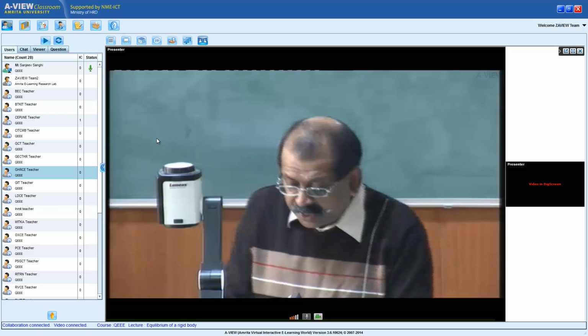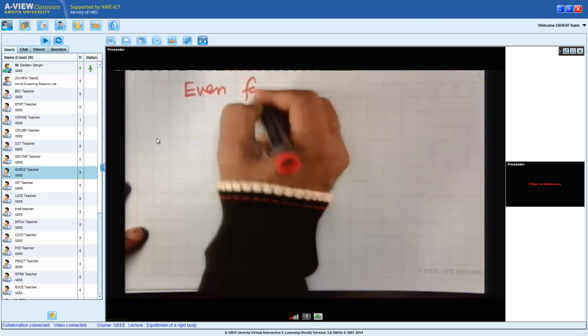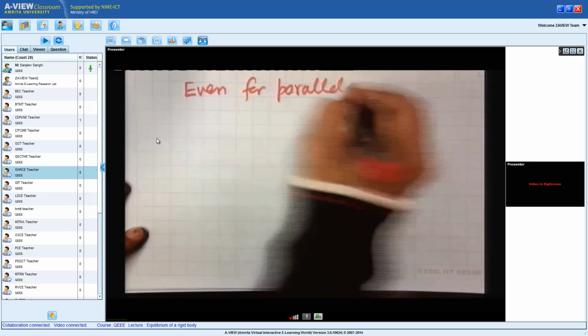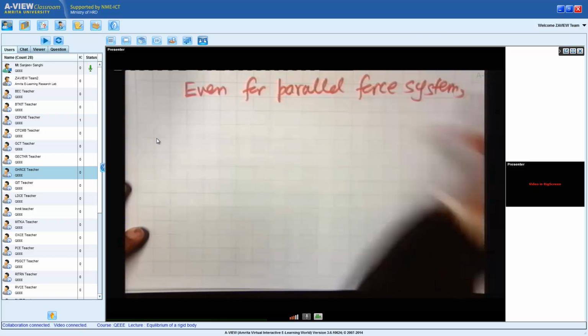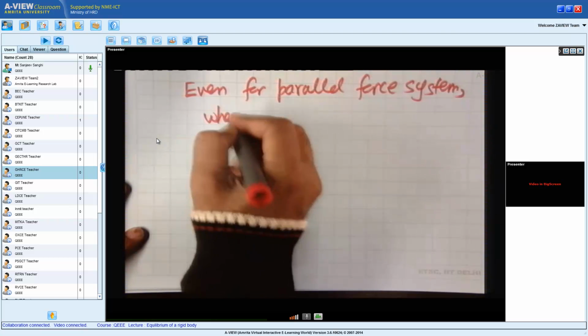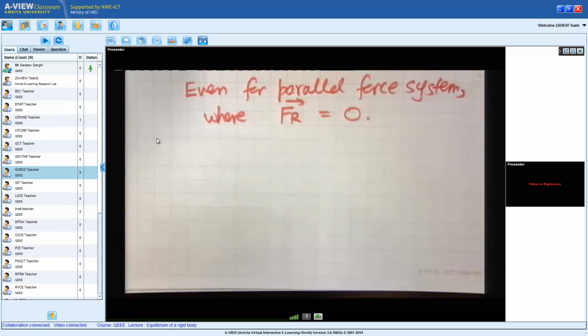But one thing we have to mind, even for a parallel force system, if we have a force system where the resultant force is 0, that means the sum of all the parallel forces acting at different points comes out to be 0.